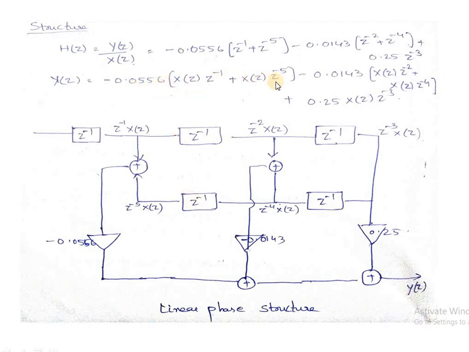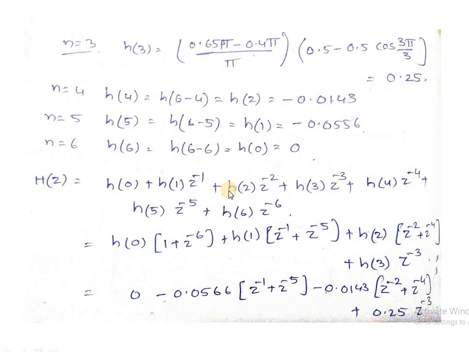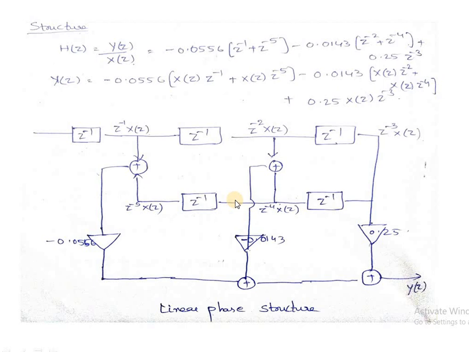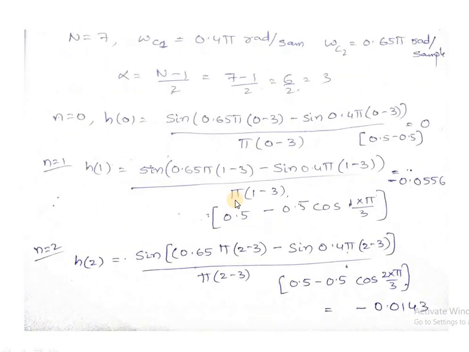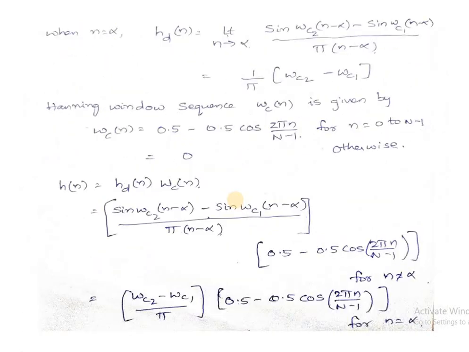Therefore, x of z into z power minus 5 plus x of z into z power minus 5, z power minus 1 and z power minus 5 are grouped together here and then multiplied with the coefficient minus 0.0556, and then added to all those remaining multiples of the coefficients in order to get our y of z. I hope that you are able to understand the realization of the structure and the design of a linear phase FIR filter based upon the specification given.